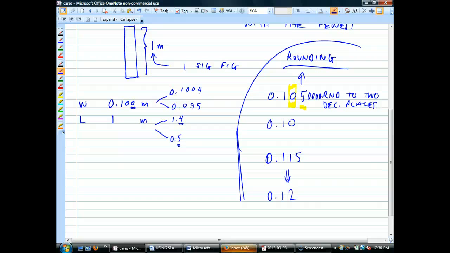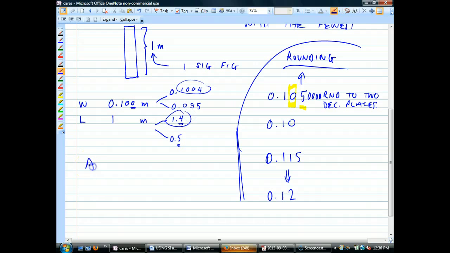Okay, so just to wrap this up here, what I'm going to do is just calculate two areas, the highest possible area and the lowest possible area for this rectangle. So the highest possible area would be the high end of both of these multiplied together, right?